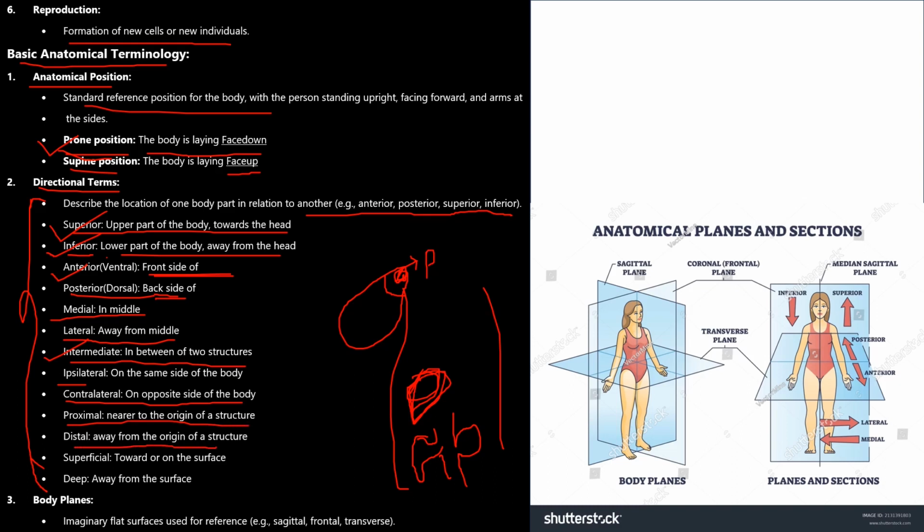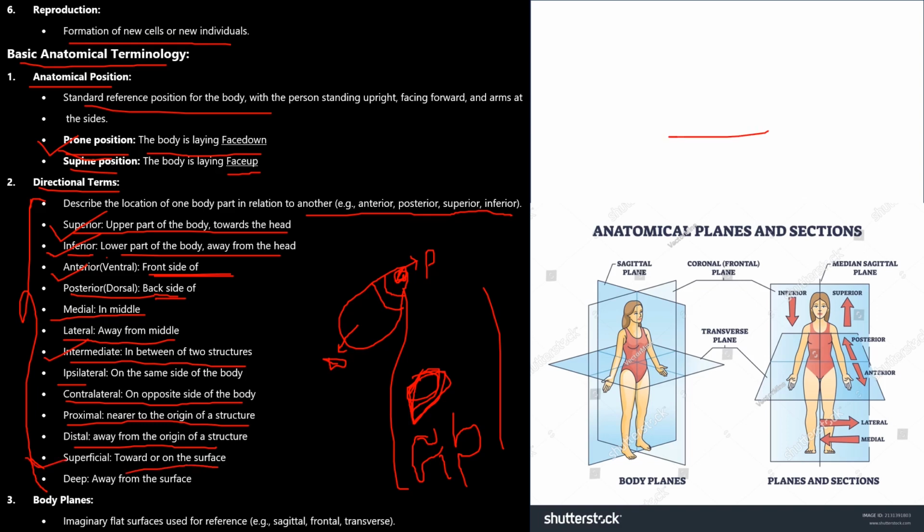Distal, away from the origin of a structure. Now this area is the proximal region, and this area is away from the origin, because the structure is originating from this point, and this is opposite to the origin. So this is called the distal position. Next, superficial, towards or on the surface.